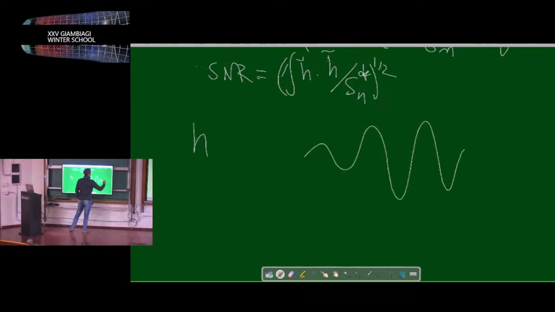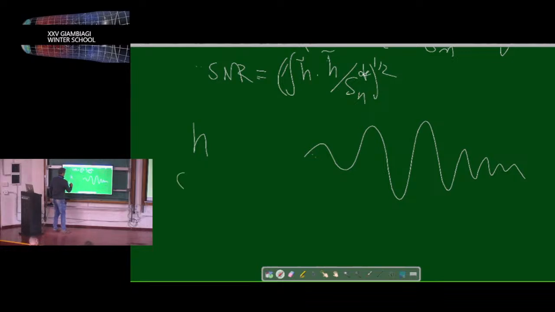this is my h. So we found that the filter is local in Fourier space. The filter basically is h divided by noise. So what we have to do is correlate in Fourier space the output of the detector with a filter that is not exactly the h which is hidden in the output of the detector, but is h normalized by noise.